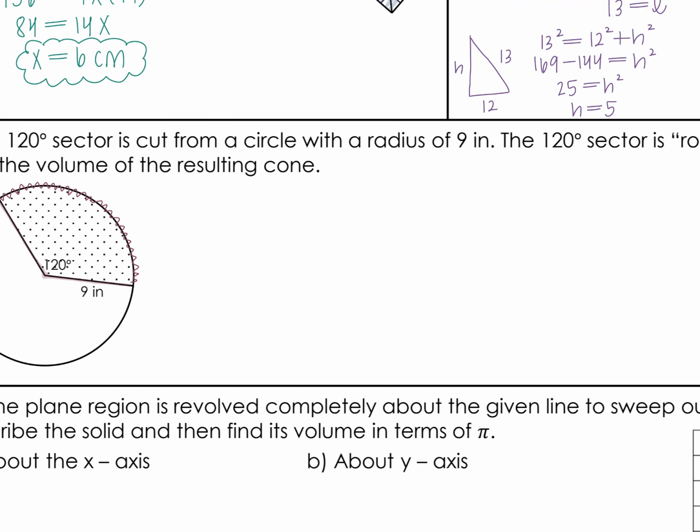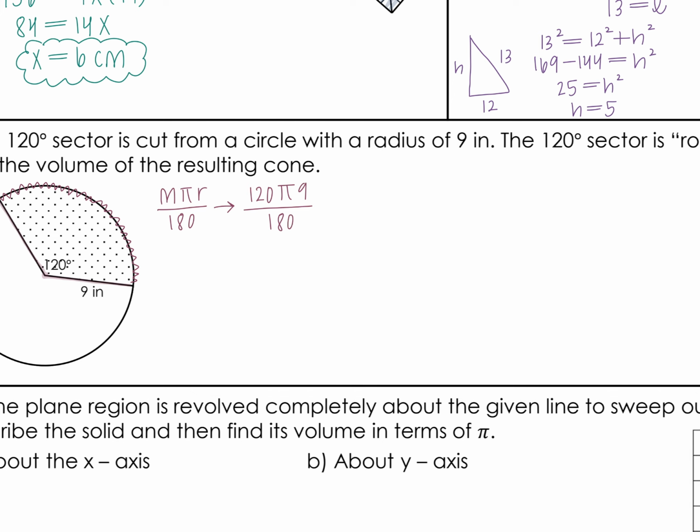If you remember from our circles unit, that's going to be m pi r over 180. So plugging into that, our m is the angle, that 120 degrees. They said that our radius was 9. We're going to have over 180.